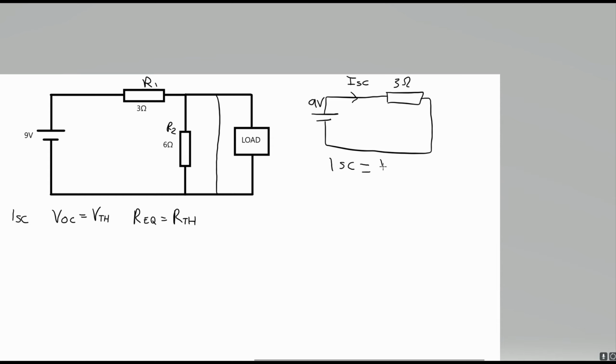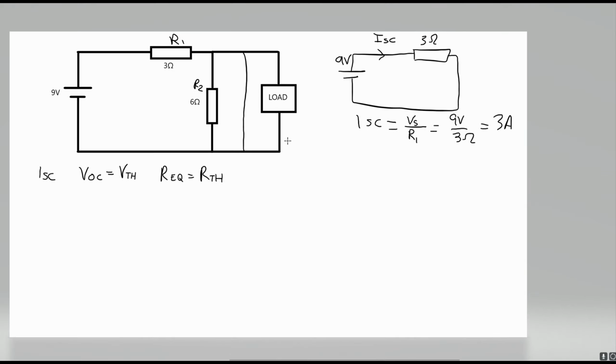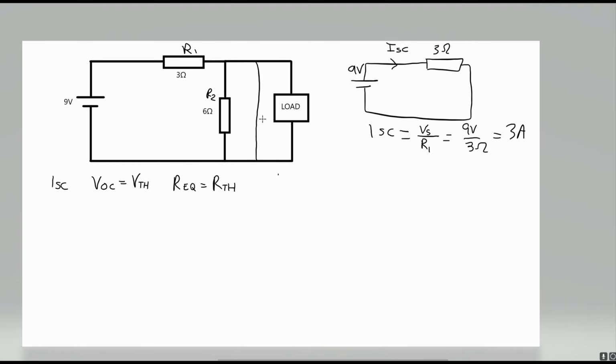ISC equals VS, which would be 9 volts, over R1, equals 9 volts over 3 ohms. That's going to equal 3 amps.